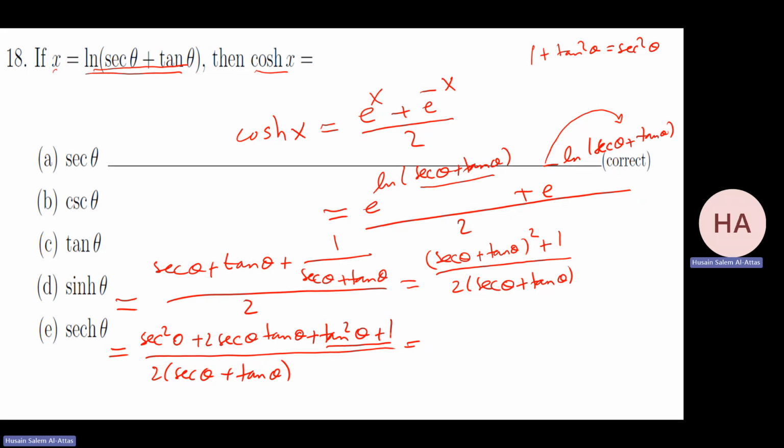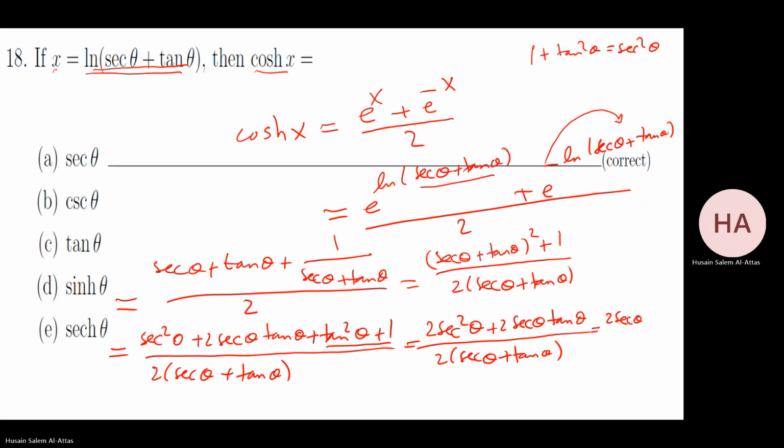This is secant squared. So you have 2 secant squared theta plus 2 secant theta tan theta over this. So you can take 2 secant theta as common factor. I need the space, so I'll do it here. 2 secant theta common factor.